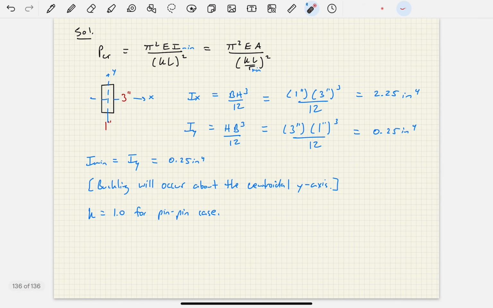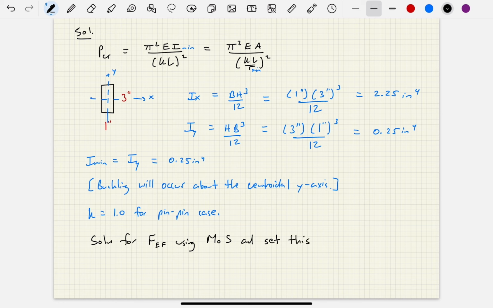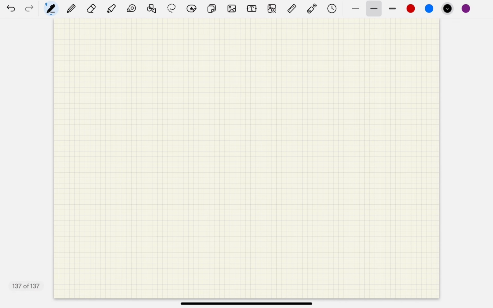So what do I do? Well, in order to investigate the buckling potential of member EF, I'm going to solve for the force in EF using, as I said a few minutes ago, method of sections, and set this equal to P critical and solve for that unknown applied force, regular P. Okay, so let's go ahead and draw a free body diagram of this truss.